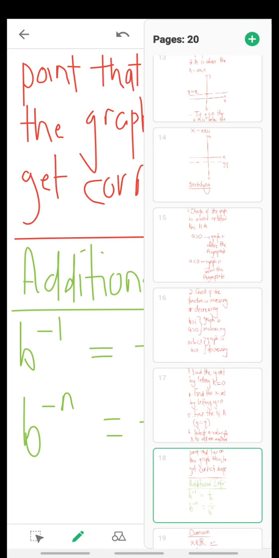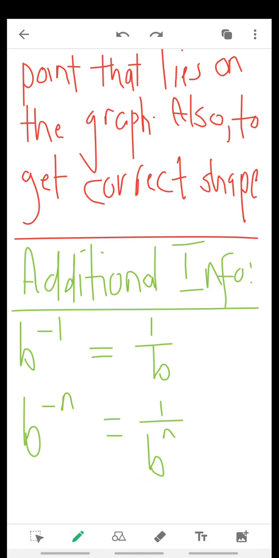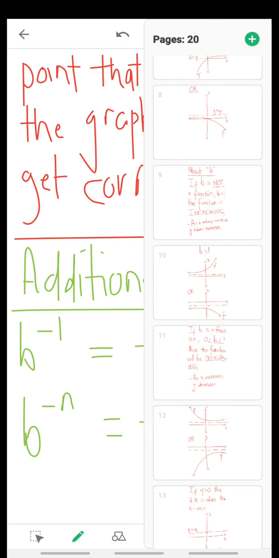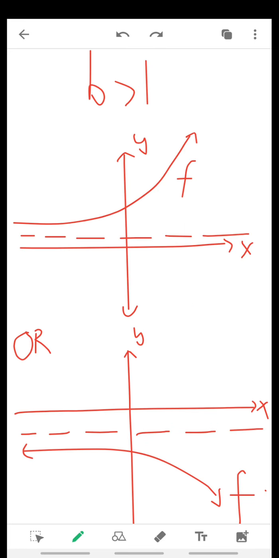And then also very, very important, when we are dealing with our exponential functions, usually this point here will be a 1, and that will be the y-intercept of the exponential function. So it means the coordinates there will be (0; 1).